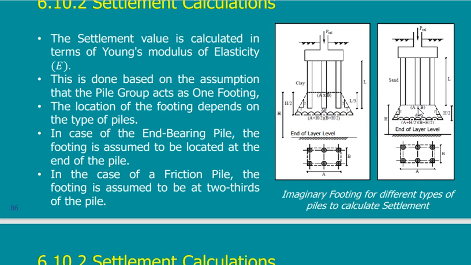If the piles are 3 by 3, then it will be a square shape. If it is 2 by 3, it will be a rectangle in shape. So A and B may be equal, and maybe one may be more than the other. So imagine that this is 3 piles, and in the other direction it is 2 piles. So this direction is the longer direction and the other is the shorter direction.